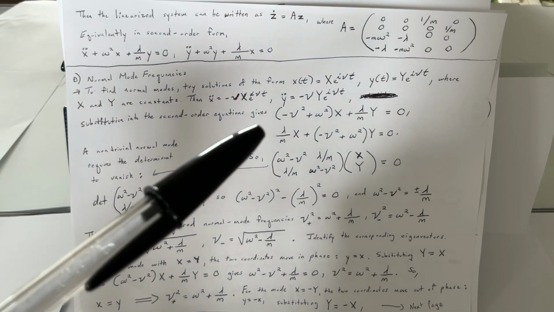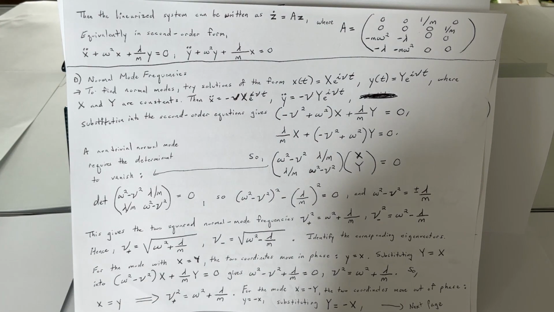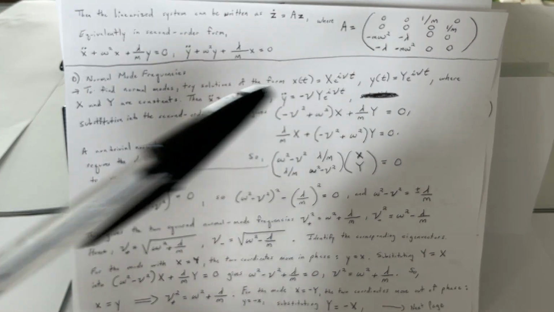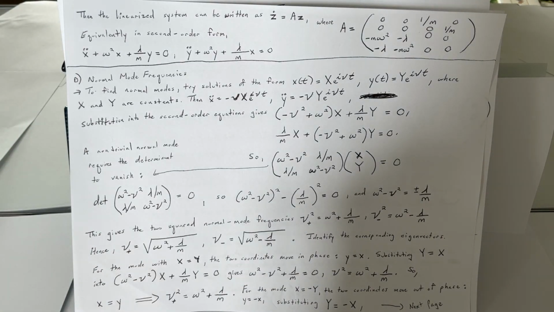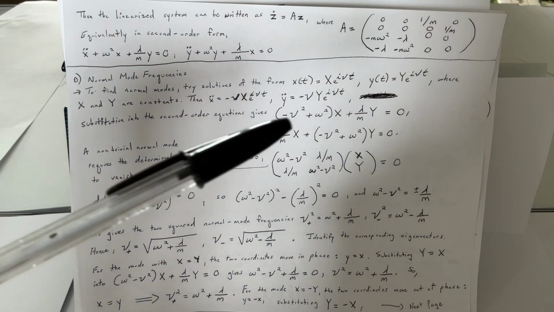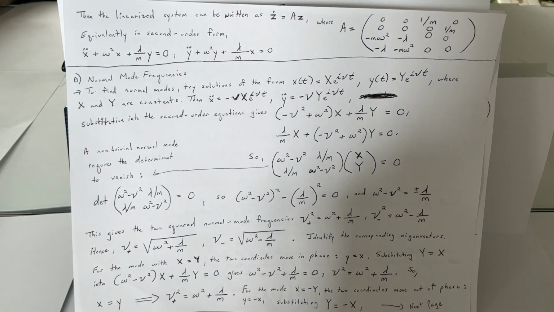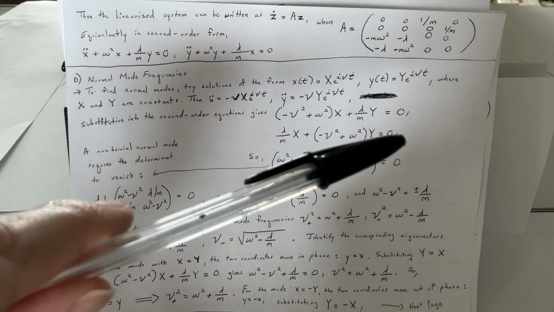Substitution into the second order equations gives that quantity negative nu squared plus omega squared times X plus lambda over m Y equals 0, and lambda over m X plus quantity negative nu squared plus omega squared times Y equals 0.